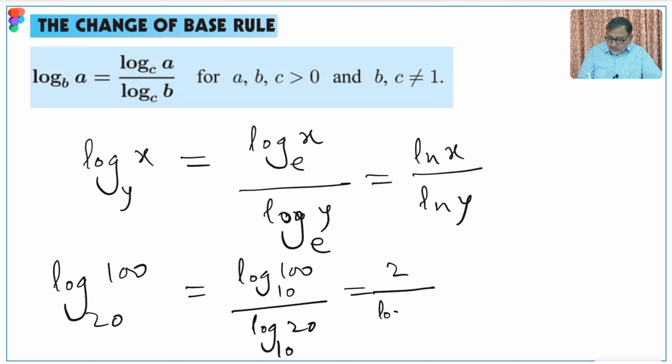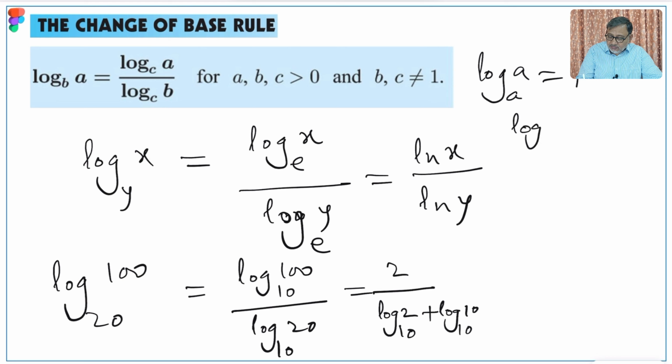So log of 2 to the base 10 plus log of 10 to the base 10, which will be 1, because you all know that log of a to the base a is 1. Log of b to the base b is 1. Similarly, log of e to the base e is also 1.